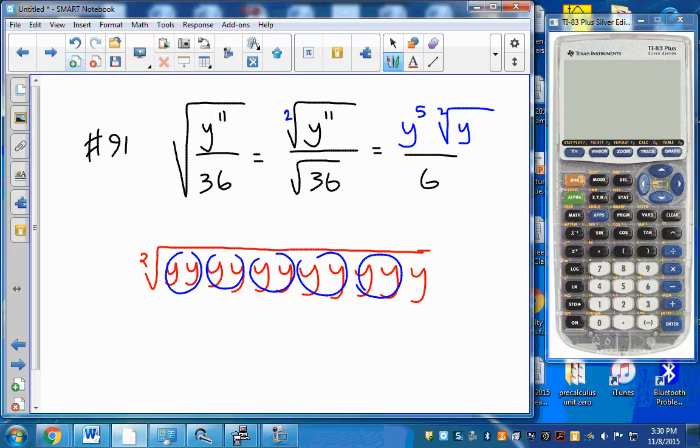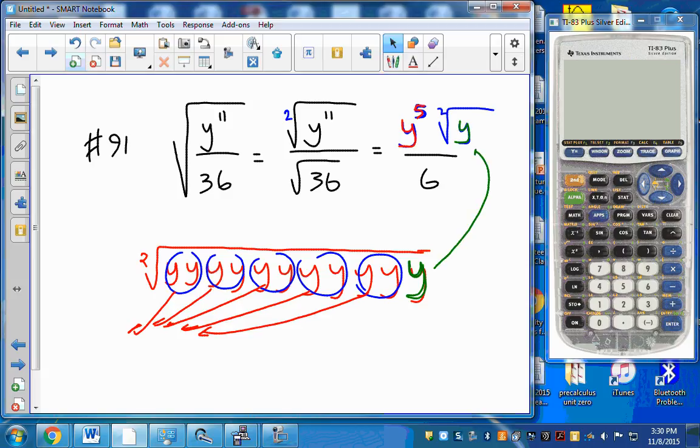There's my 5 pairs up here. Okay, so y to the 5th. Remember, each one of those would come out front as a single y, so there'd be 5 factors of y. And you do note that we have this poor guy left over at the back end, this y, square root of y, and that's what goes right here. Okay, so hopefully that helps clarify how that one worked.